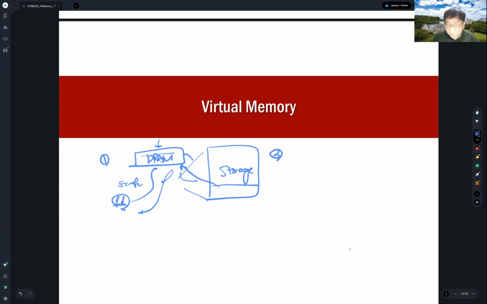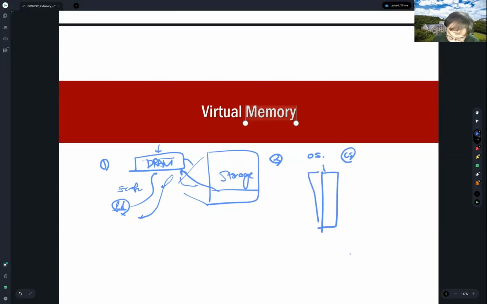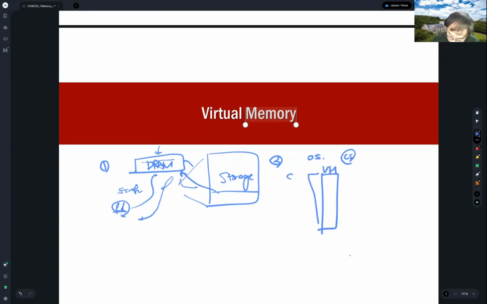But as I mentioned, recently the size of the RAM is very large, but we still use the virtual memory concept. It is because the operating system and computer system provide a large virtual memory space to the software, right? We run many processes concurrently on the same computer system.